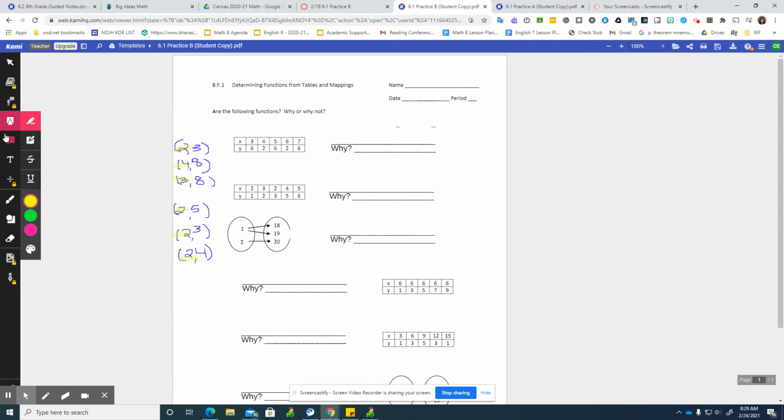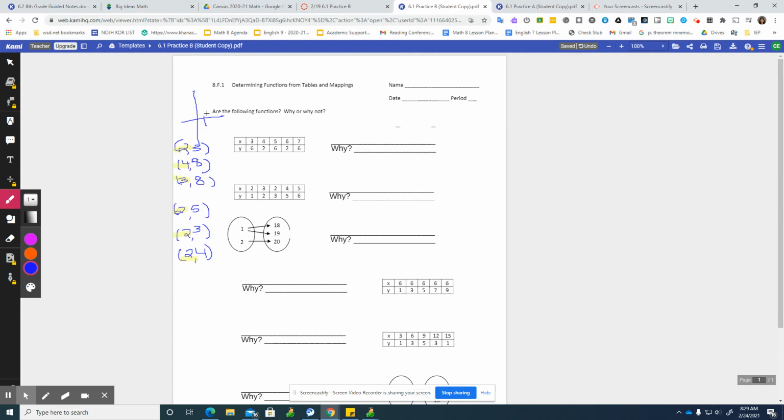If you want me to, I can show you why that is. So we've started to talk about the vertical line test. If I were to draw this right here and do a vertical line test, this one would work. So (2, 4).